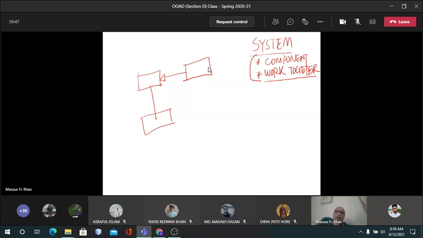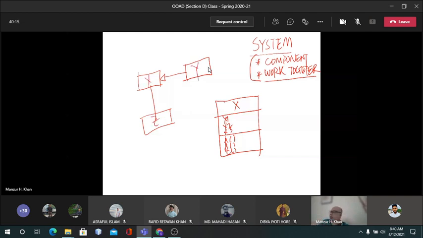So in the class diagram chapter, what you learned, how to design a class with its attributes and operations. Then in another diagram, you learned how to connect a class with other classes.